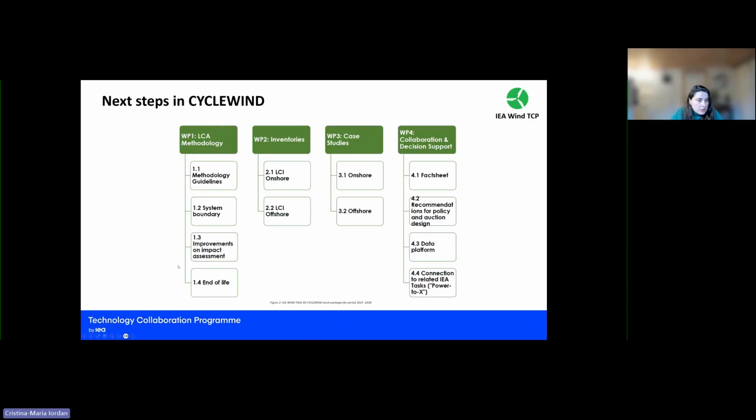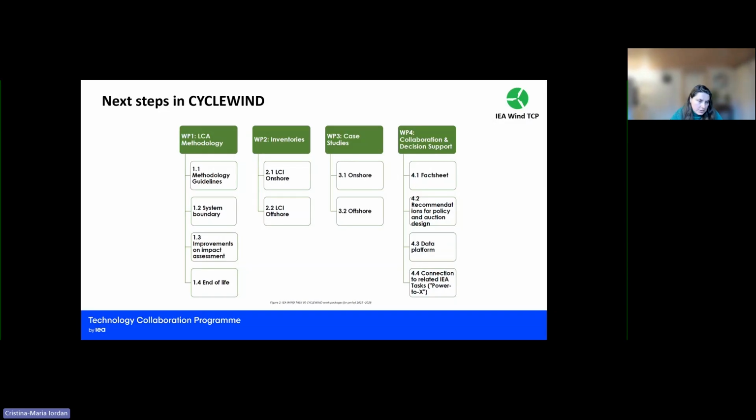We have also started a broader effort in establishing lifecycle reference inventories for both onshore and offshore wind systems, and these we plan to make available in the second half of 2028. In connection with the activities that we are carrying out now in work package 1 and the different discussions we've been having there, we already started laying out topics for case studies that will be carried out as part of work package 3 starting mid-next year.